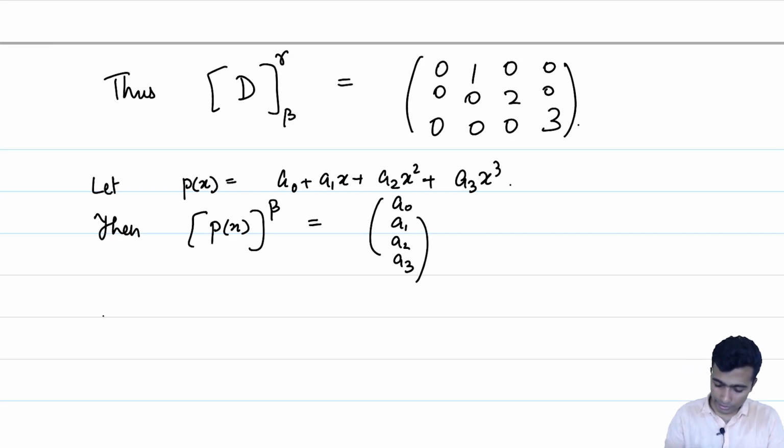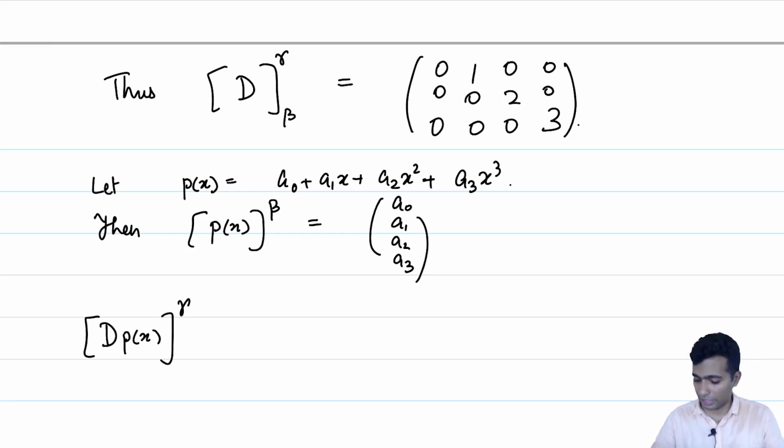Now what is going to be dP of x with respect to gamma from whatever we have developed so far?